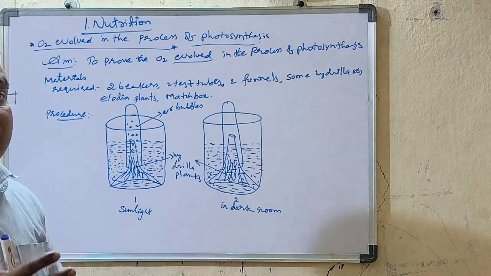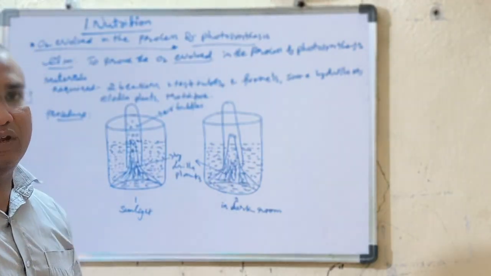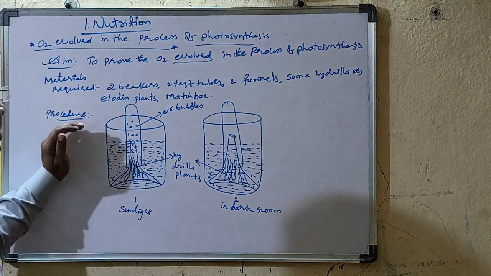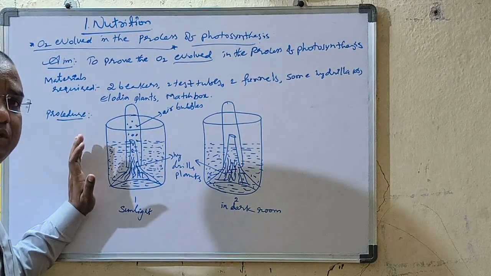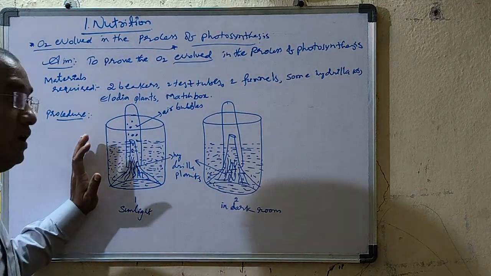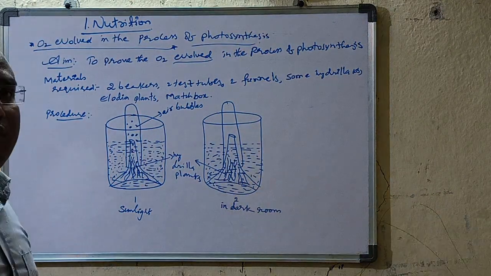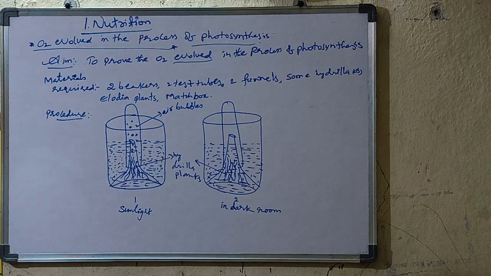So this is the experiment, oxygen evolved in the process of photosynthesis. Why does the first test tube make the stick glow more and the second not? Because the first test tube releases more oxygen.